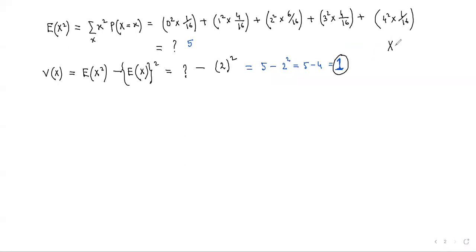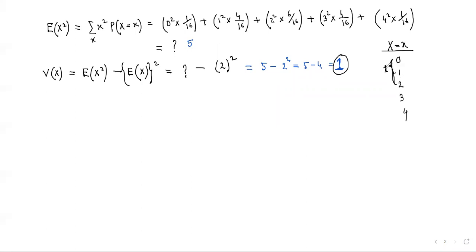Now you see this one, it is very amazing to see what sort of random variable we started working with. Our random variable was of this form 0, 1, 2, 3, 4. And you see every point is 1 unit distance apart from the next. And what was the mean? The mean was 2. So the distance of 0 from 2 is 2 units.